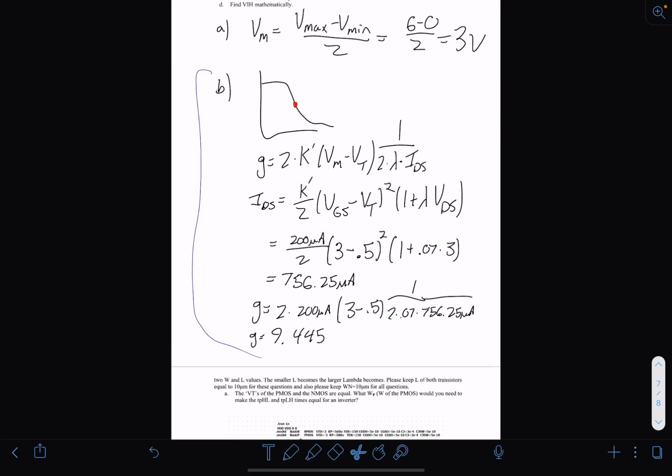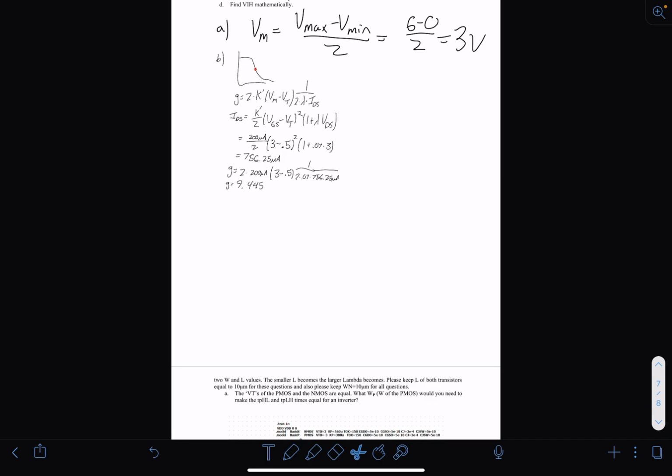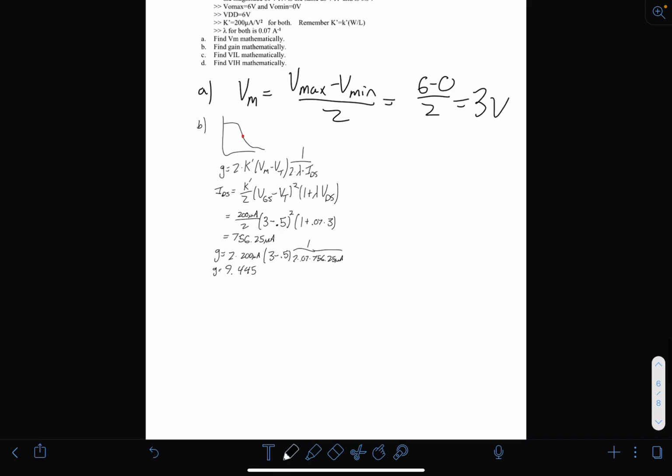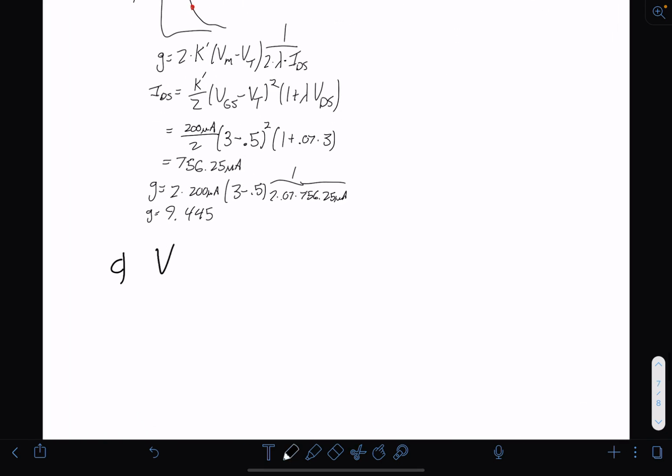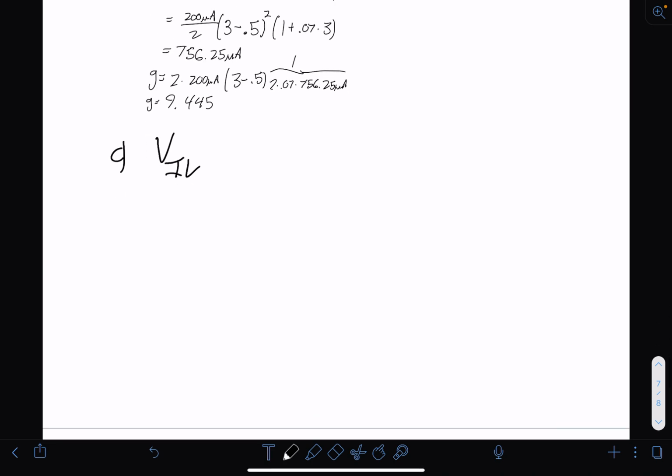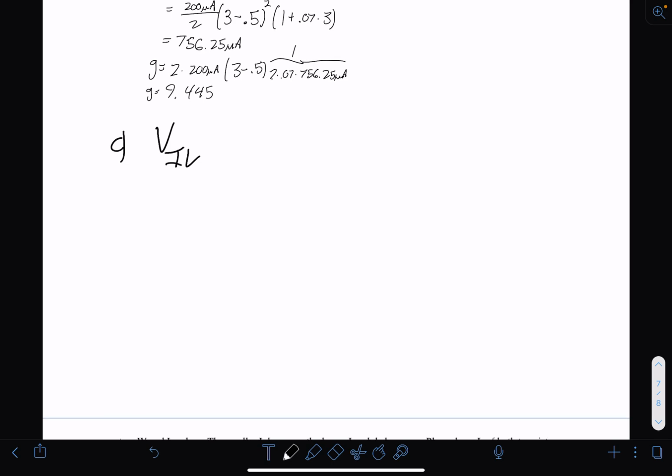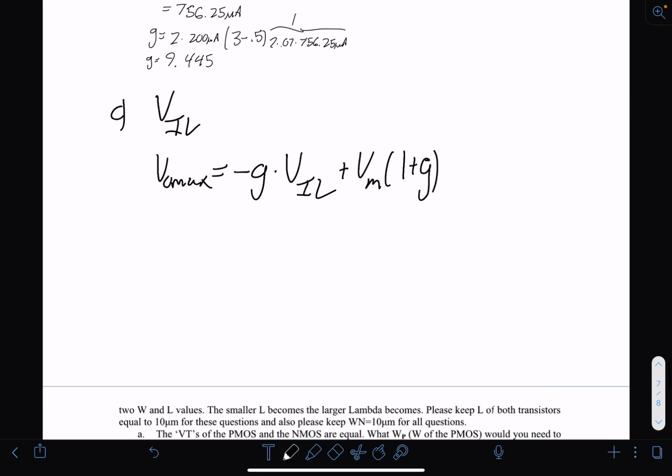Great. Let me just make this smaller. Right, part C, we want to find V in low. To do this, we are going to use the equation VO max is equal to minus G times V in low plus VM times 1 plus G. This is from page 81 of the slides.